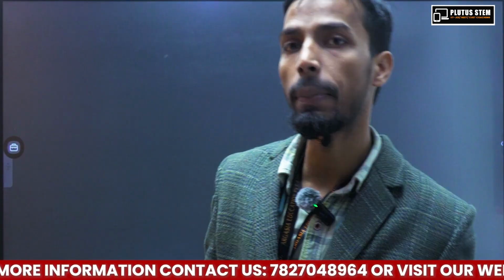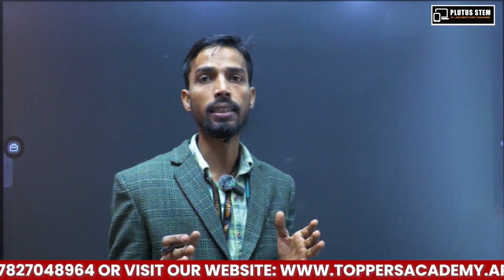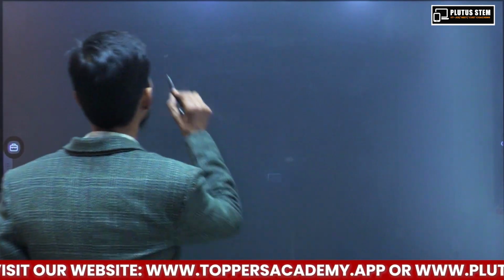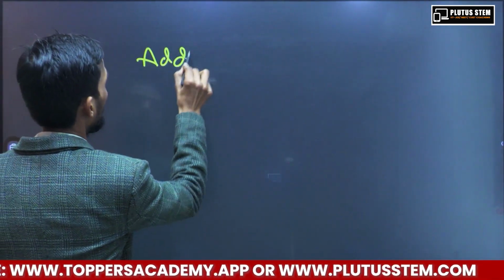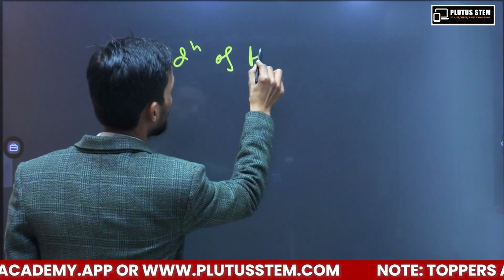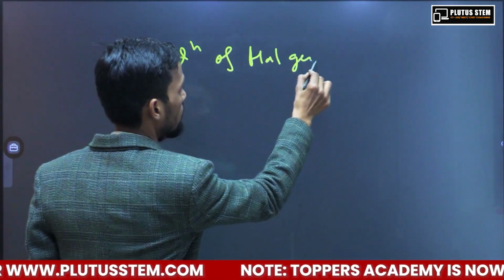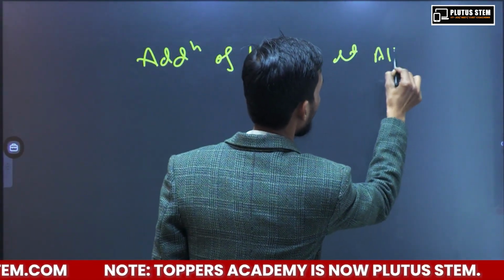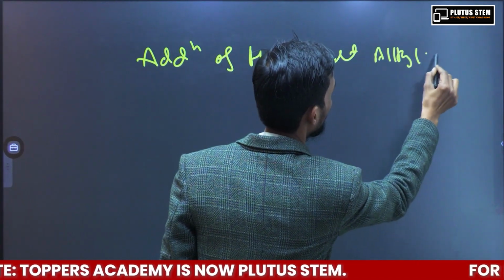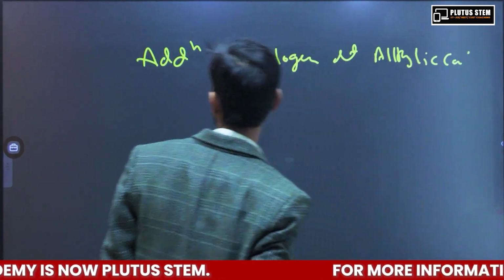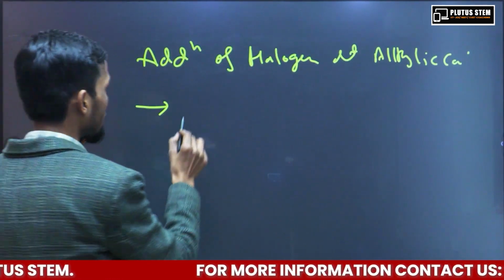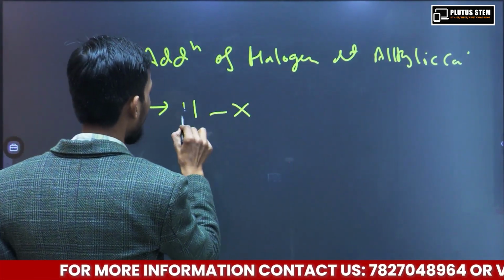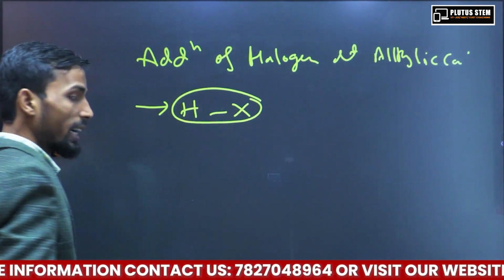In the next lecture we are going to discuss some allylic addition of halogen at allylic carbon. In this lecture we have seen the addition of HX.